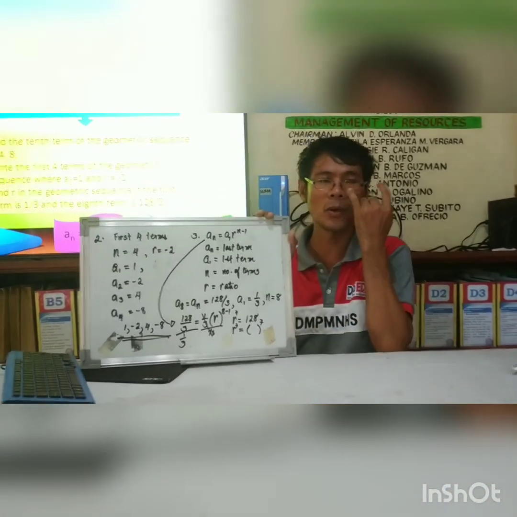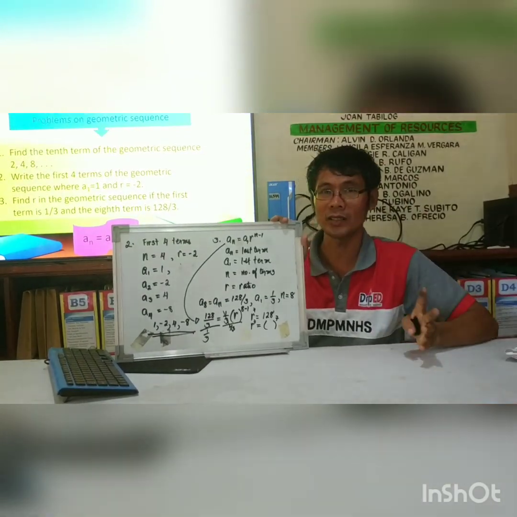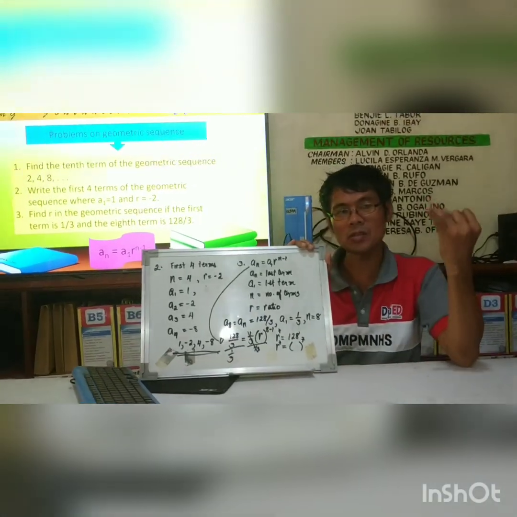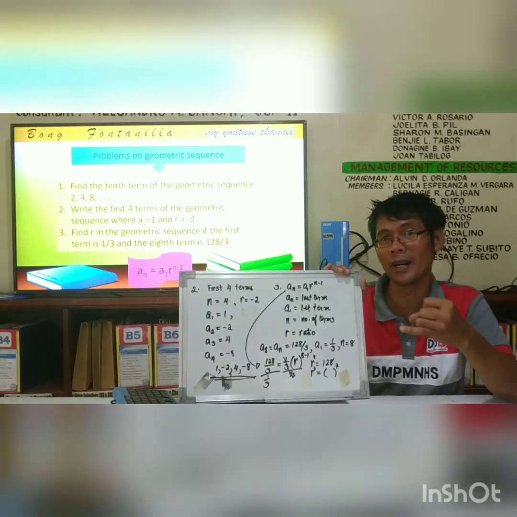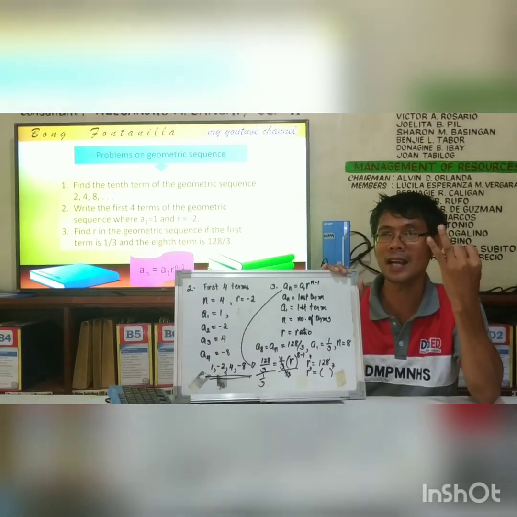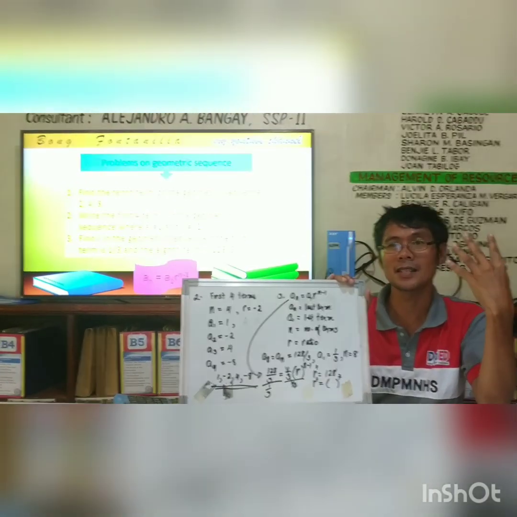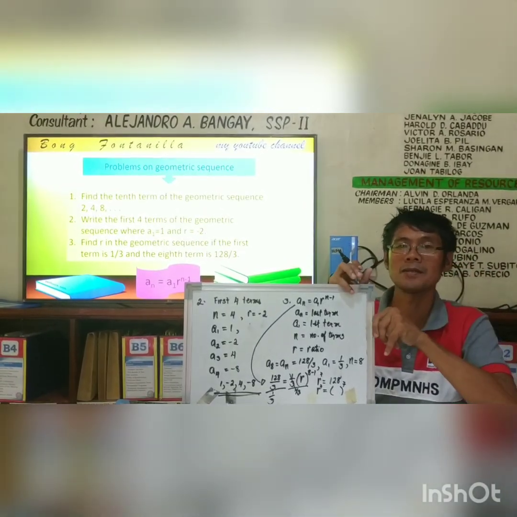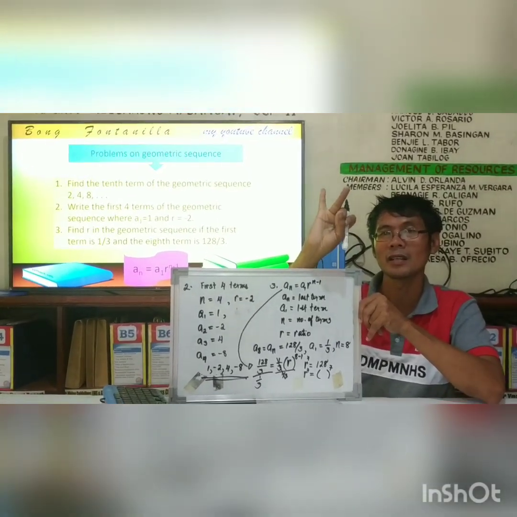To find the number, we will simply start with the lowest. Let us try 2. 2 times 2, we will be getting 4. Correct? Okay, so 2, 4. 4 times 2, 8. 8 times 2, 16. 16 times 2, we have 32. 32 times 2, we have 64. And 64 times 2, we'll be getting 128.